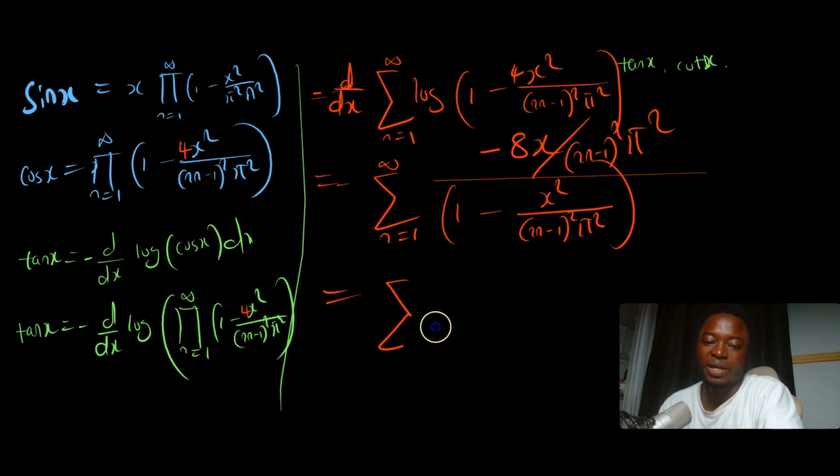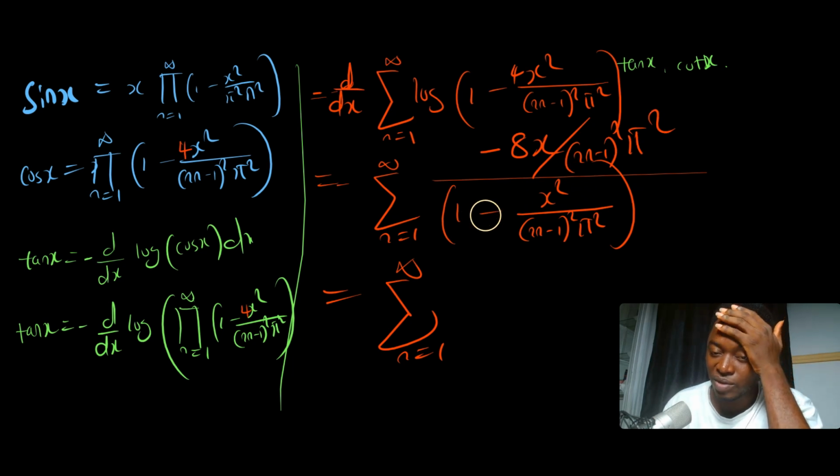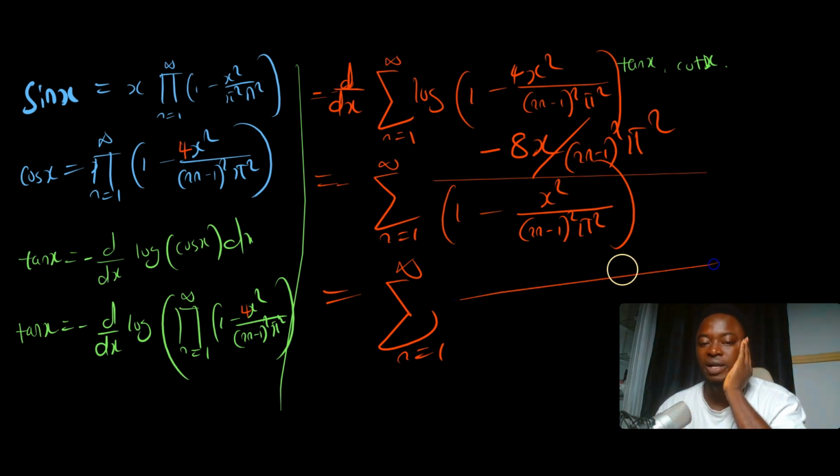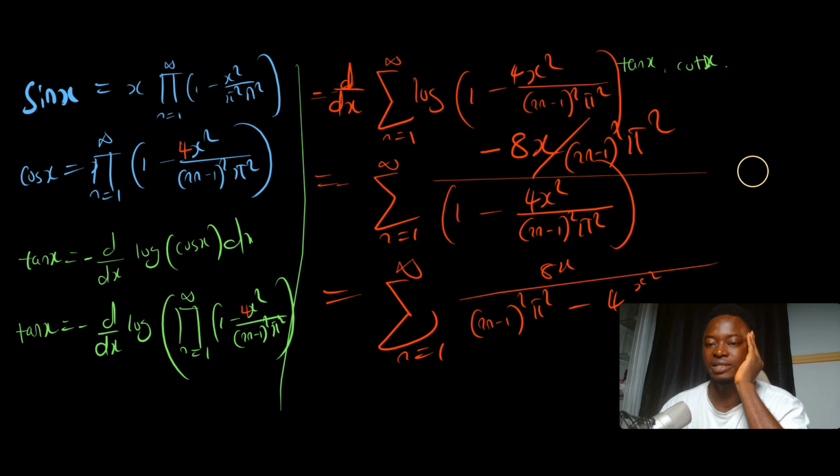You obtain the sum as n runs from 1 up until infinity of, the bottom part would come down, so you would have 8x over (2n minus 1) squared pi squared minus 4x squared. So that is the series for tangent of x.